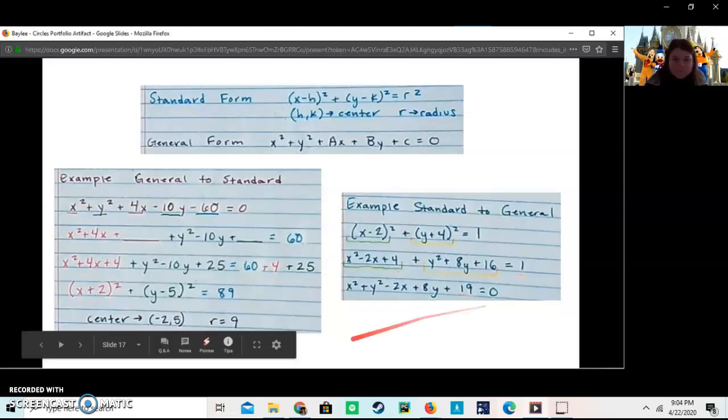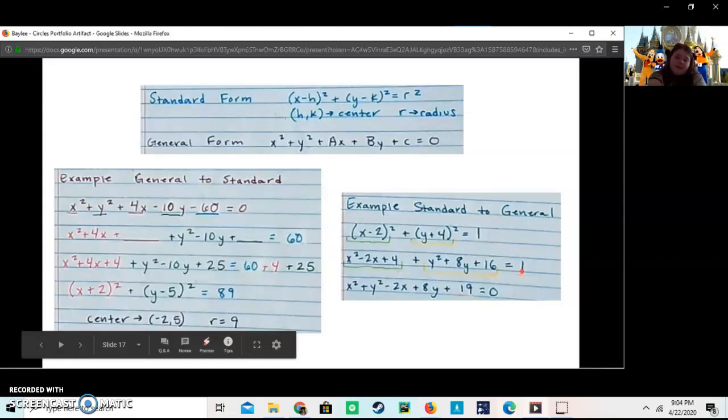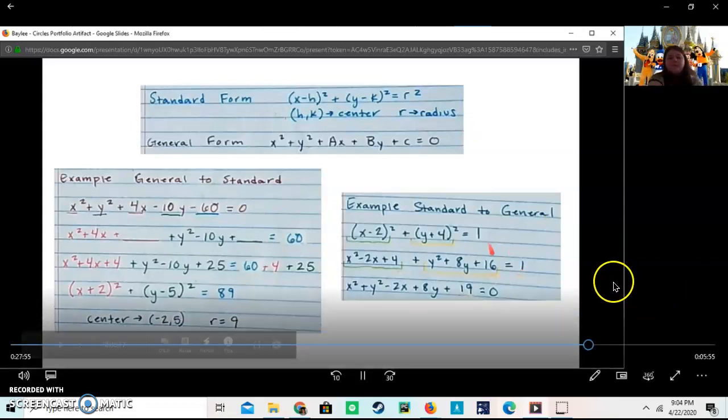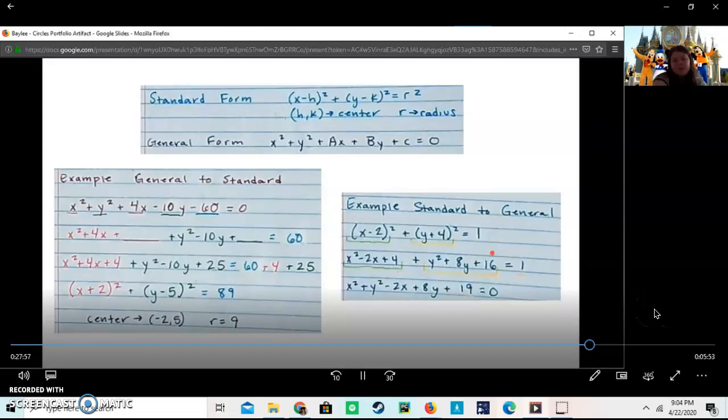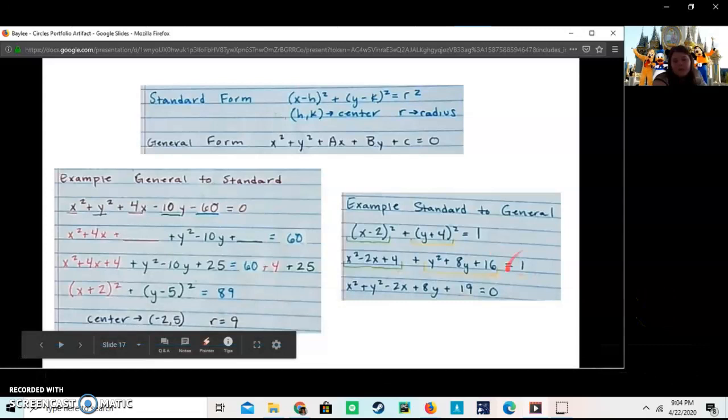So we can put those two equations together and combine like terms to get x squared plus y squared minus 2x plus 8y plus 19 equals 0. And we get 0 because we took this out and put it into the problem to make it equal to 0.